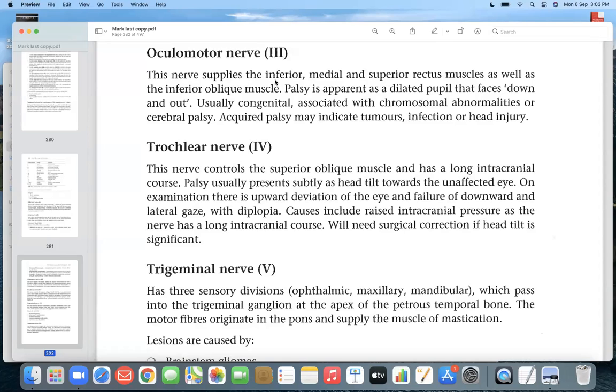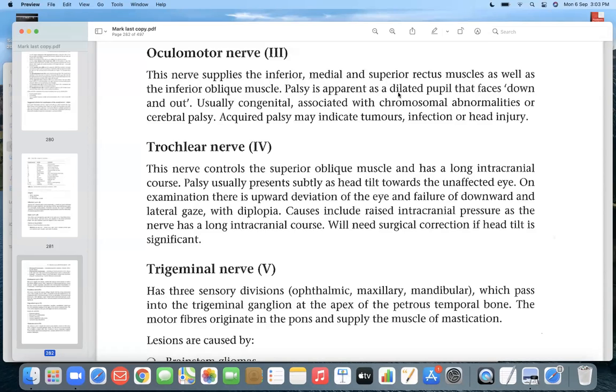So this nerve supplies the inferior, medial and superior rectus, as well as the inferior oblique muscle. Palsy is apparent as a dilated pupil that faces down and out. We should always remember it's down and out with a dilated pupil, and also there will be ptosis.